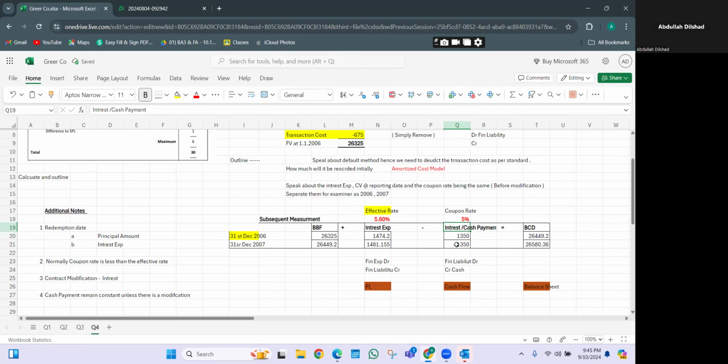Never get misguided. If you find any term referred to as payment, obviously any payment being made is a cash outflow. It is this particular part. Don't mislead yourselves or do a wrong classification by considering the interest expense, right?